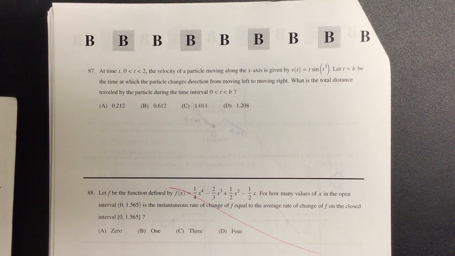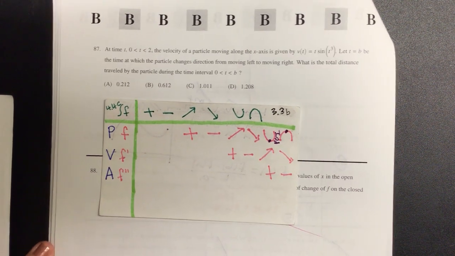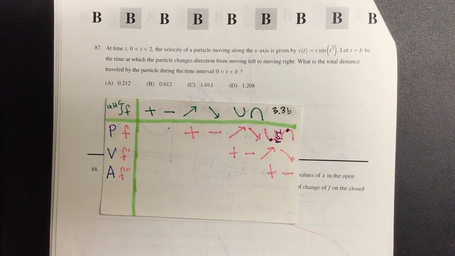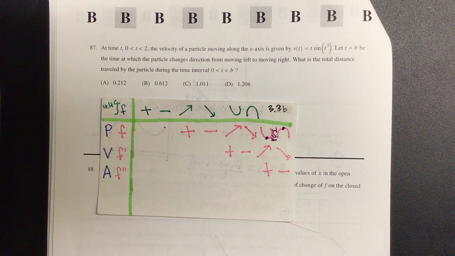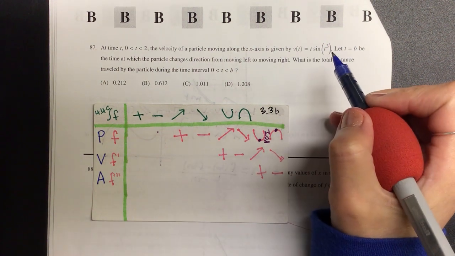At time t, 0 less than t less than 2, the velocity of a particle moving along the x-axis is given by v of t equals t sine t cubed. Let t equals b be the time at which the particle changes direction from moving left to moving right. What is the total distance traveled by the particle during the time interval 0 less than t less than b?